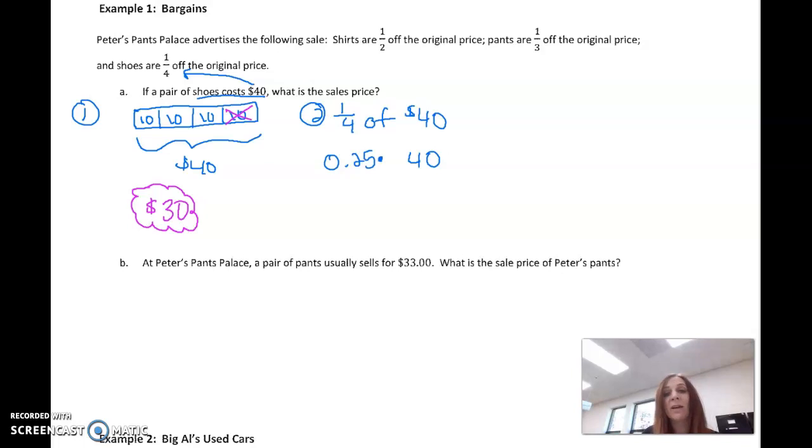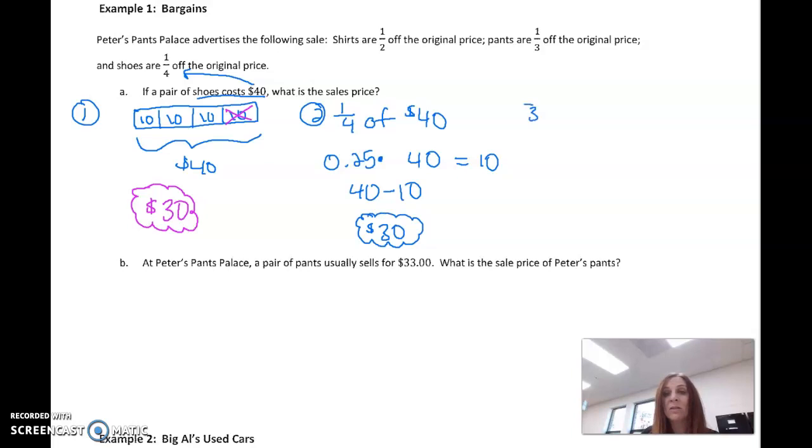And if you multiply or take 1/4 of 40, that works out to be $10. But that is how much off it is. If it was $40 and we take off $10, that means we would pay $30.